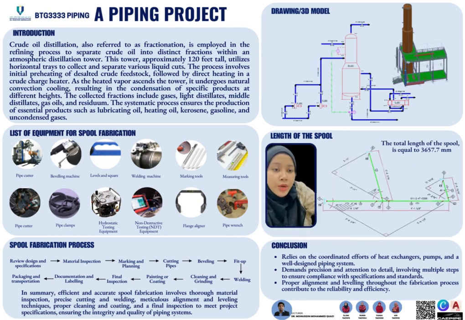Assalamualaikum warahmatullahi wabarakatuh. So I will continue with the calculation of the length of the spool, which includes the gasket, flange, fitting, and the root gap for butt welding. The tables that I refer to are the dimensions of class 300 flange and the butt welding pipe fitting dimensions, standard ANSI B16.9.